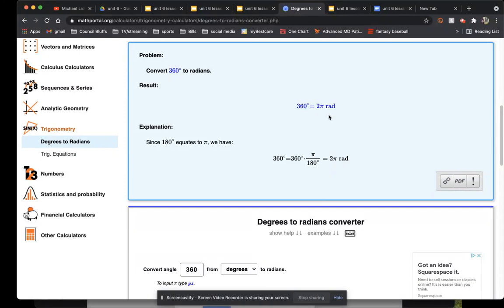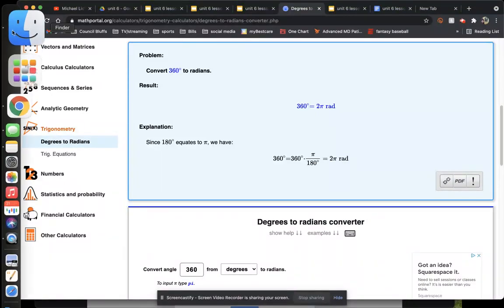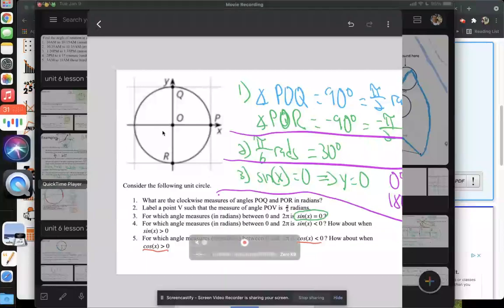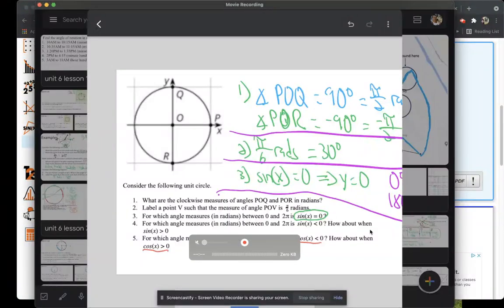So for number 5, for which angle measures in radians between 0 and 2 pi is cosine less than 0? How about when cosine is greater than 0? So cosine, conversely, goes with x.